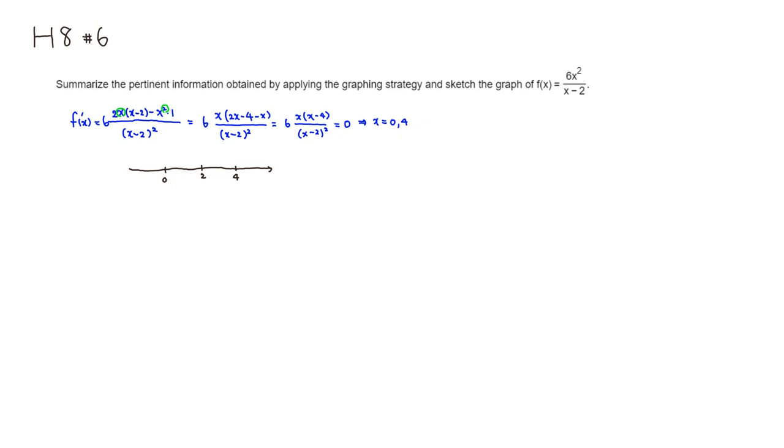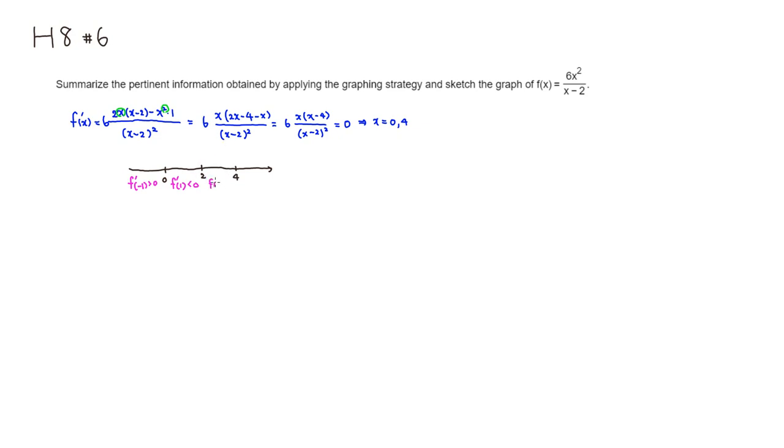Then we're going to look at the sign of f prime. Plug in anything less than 0, so I'll try negative 1. This is negative, this is negative, negative times negative is positive, and everything else is positive, so it's positive. For f prime between 0 and 2, I'll just try 1. 1 is positive, 1 minus 4 is negative, so this is negative.